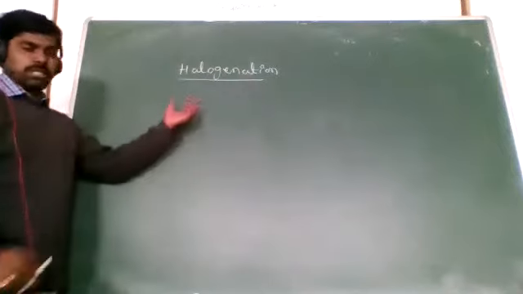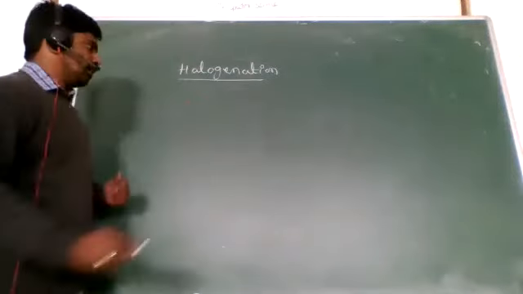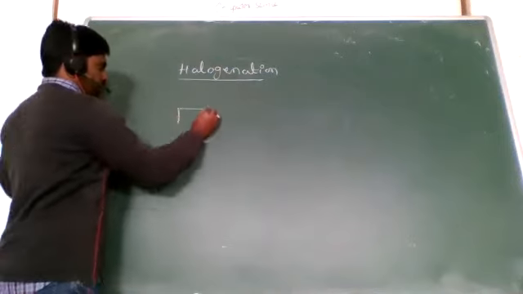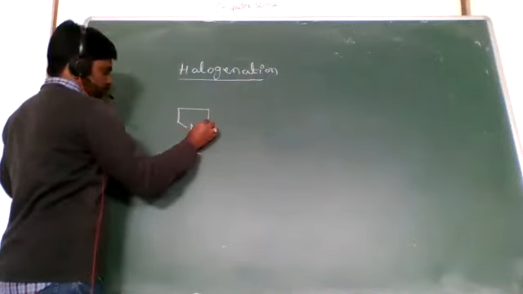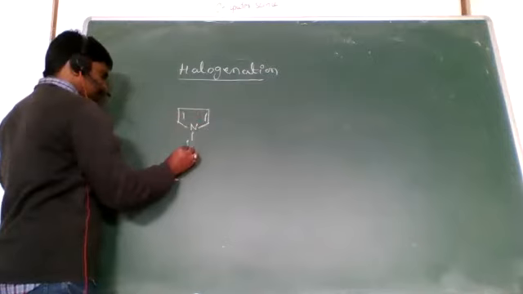Next one is the halogenation of pyrrole. Look here, this is pyrrole.